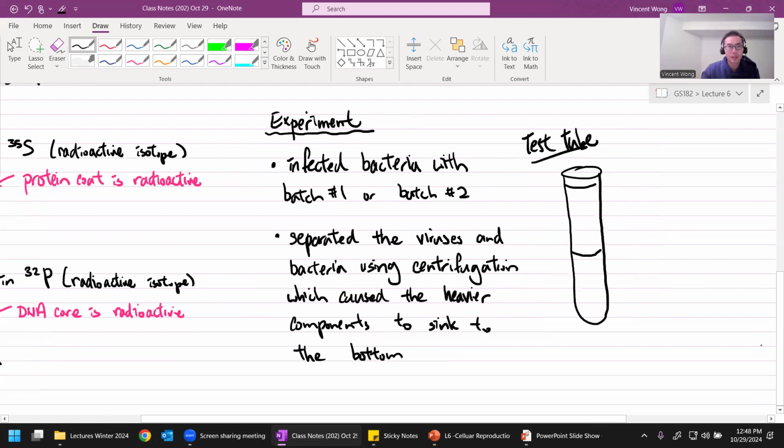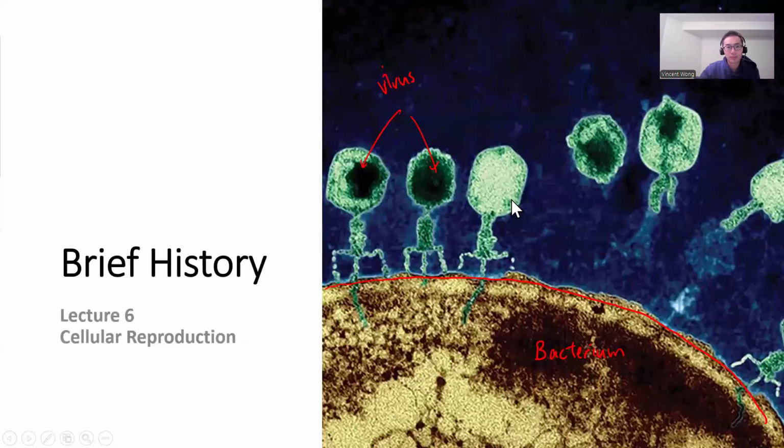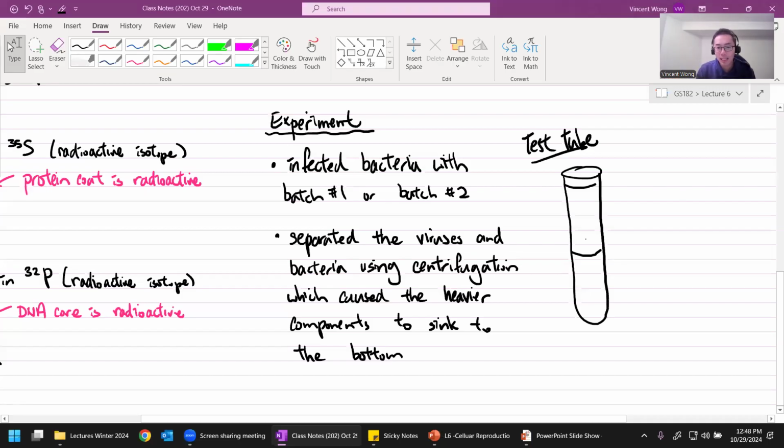Look at the picture here. These are the viruses. This is the bacteria. Bacteria is much bigger compared to viruses. Not everything that's bigger is heavier, but in this case, bacteria is both bigger and heavier. So that's going to sink to the bottom.